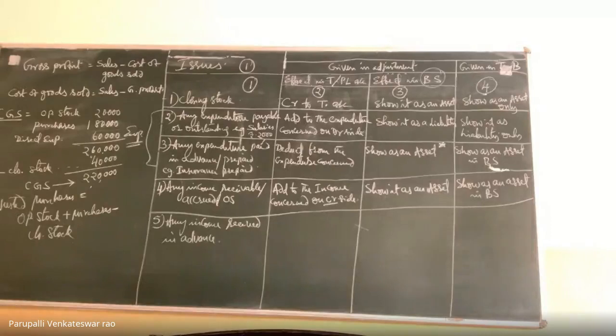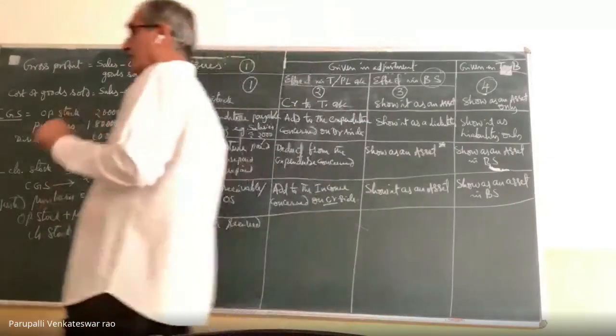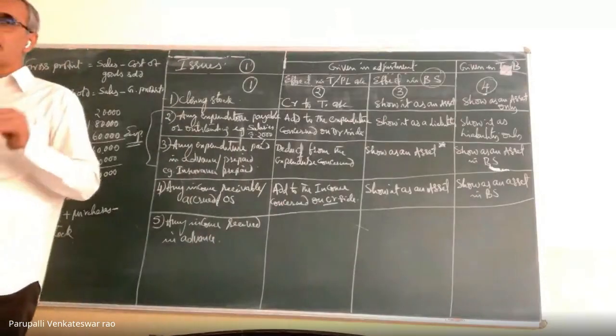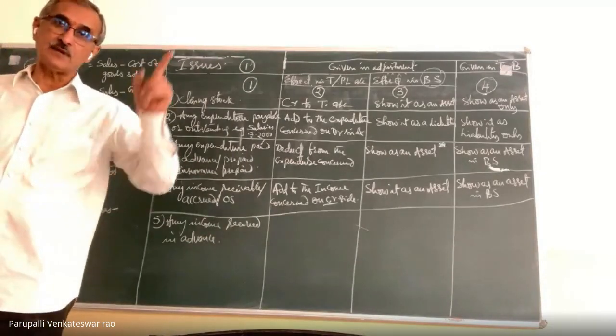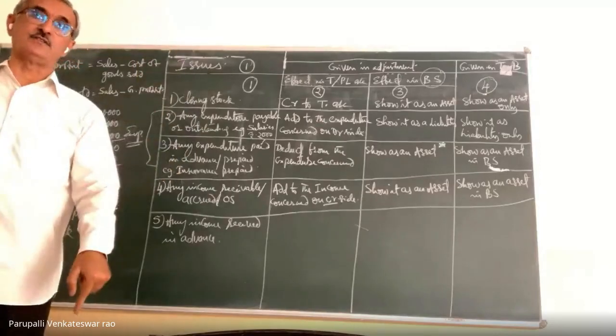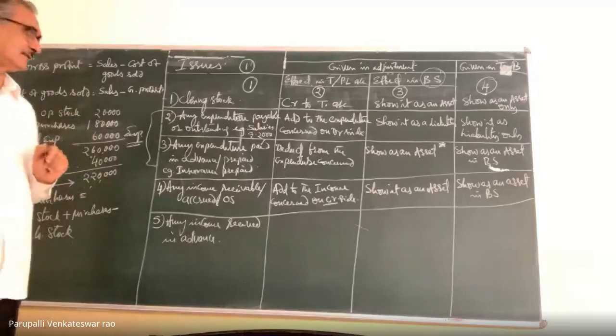Some people might have paid you 2022 income also, received now. We have collected that money now. Not this year's income, an income relating to 2022 collected in 2021. So that means it is income received in advance.